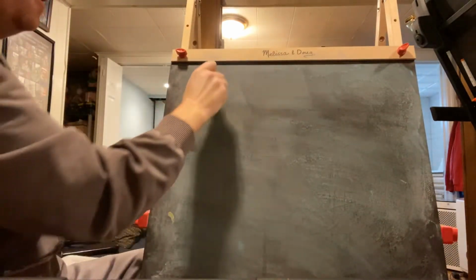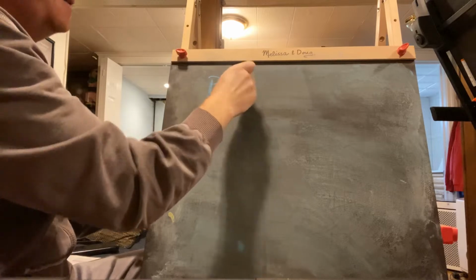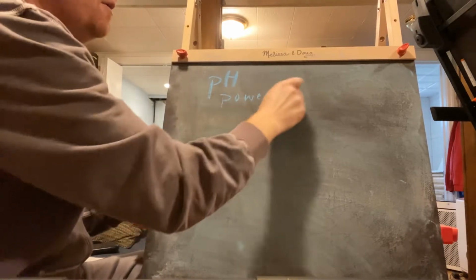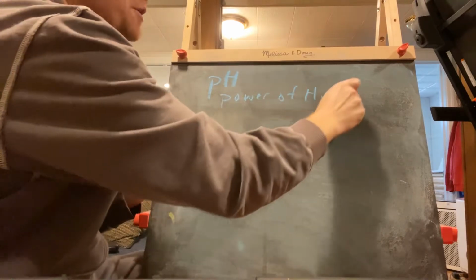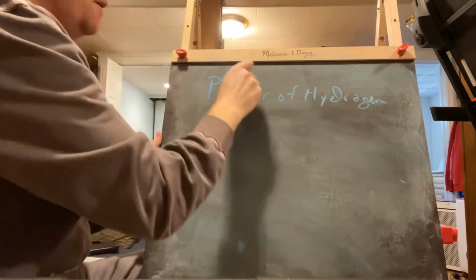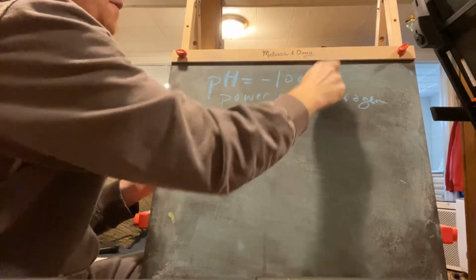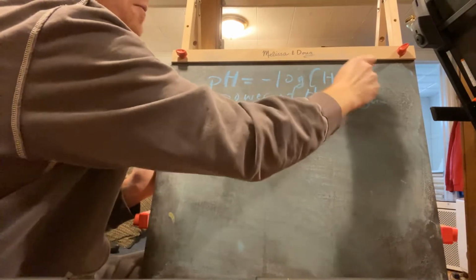All right. This idea of pH is the power of hydrogen, and the formula for pH is negative log of H3O plus.